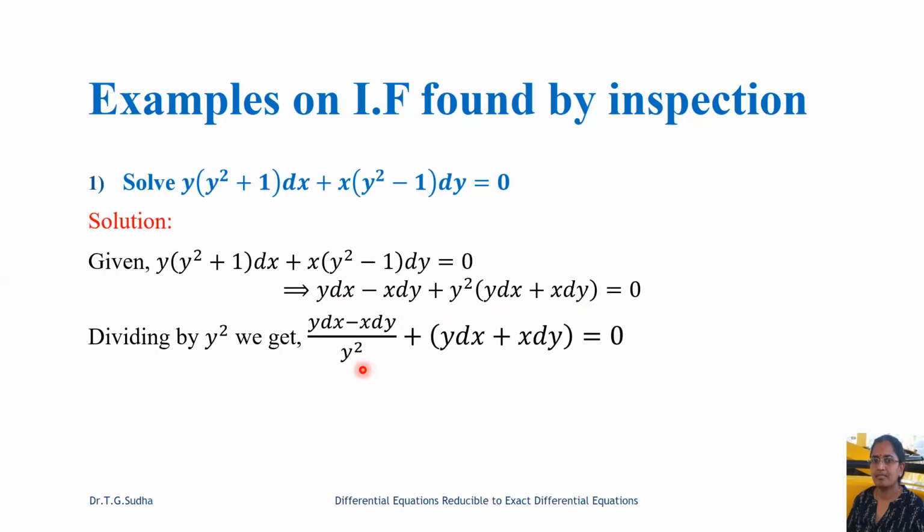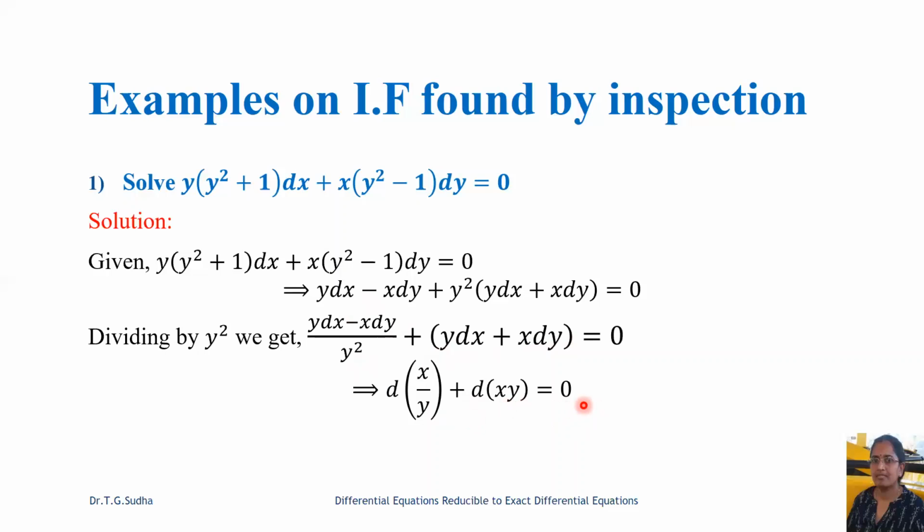So what is this? This is nothing but d of x by y. And this term within the brackets is nothing but d of xy. So we can write this first term as d of x by y and the second term as d of x into y equal to 0.